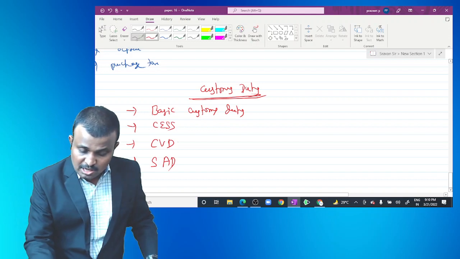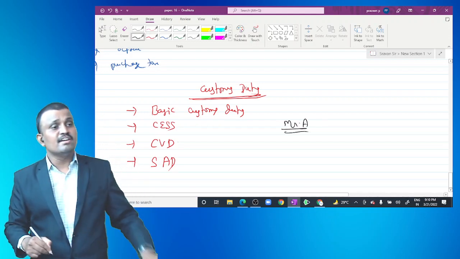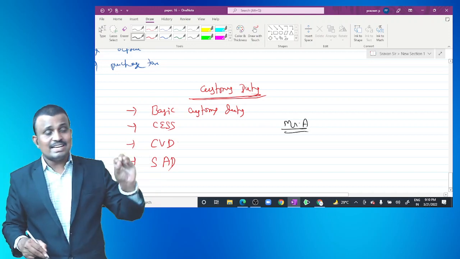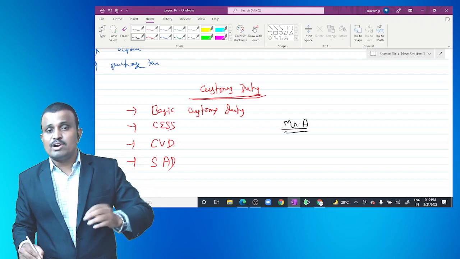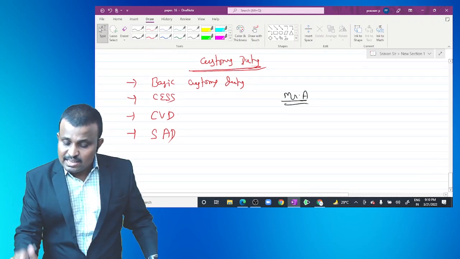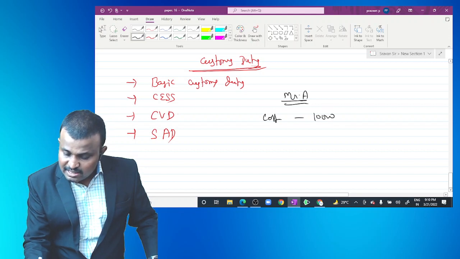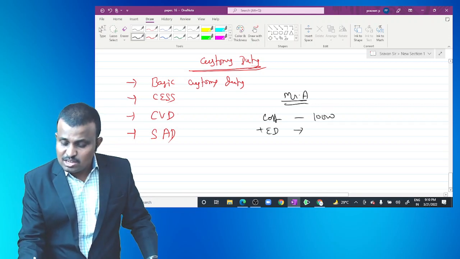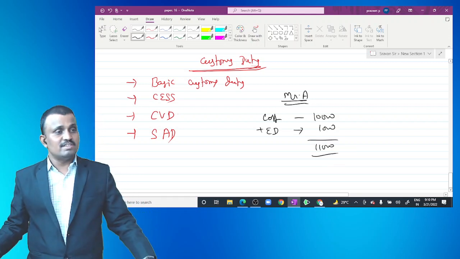For example, if Mr. A manufactures the product in India, then he is liable to pay excise duty. For example, the cost of the product is 10,000, then the excise duty levied by the government is 1,000. The total price of the product is 11,000.